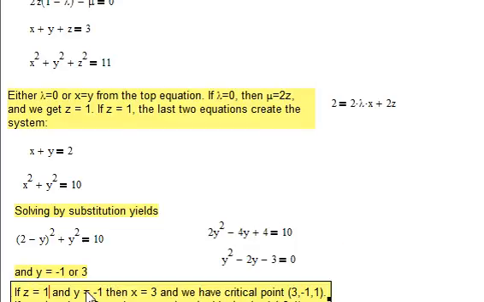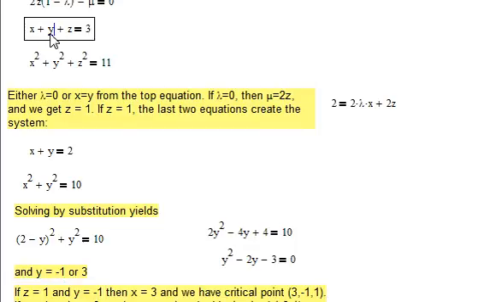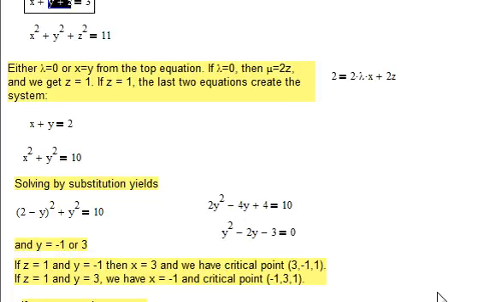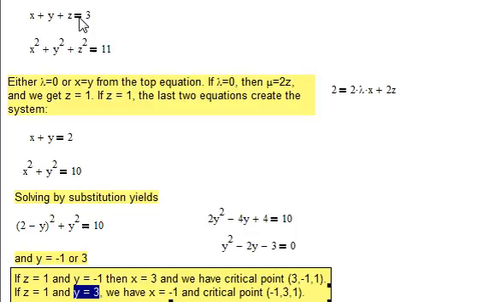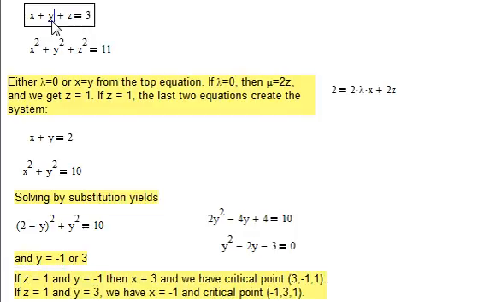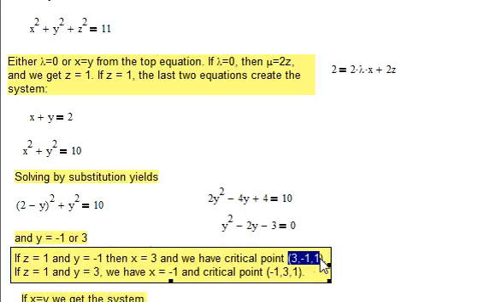So if z equals 1 and y equals -1, then x equals 3. But if z equals 1 and y equals 3, then x equals -1, and we have these two critical points, (3, -1, 1) and (-1, 3, 1).